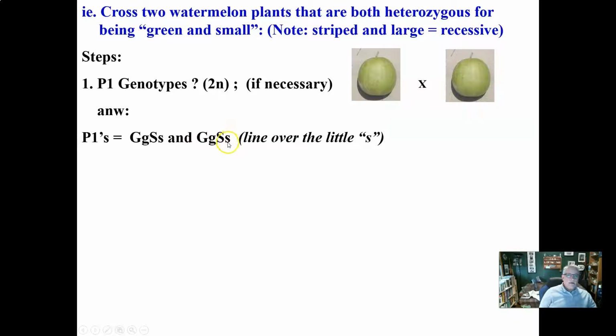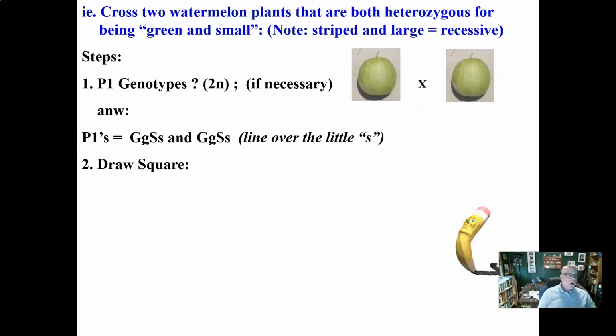Because the big S and the little s look similar. I don't have to do that with my notes because you can see it very easily, but please get in the habit of putting those lines over those lowercase letters that look like the uppercase letters. All right. I personally think this is the hardest step right here. That's because you have to know the vocabulary.